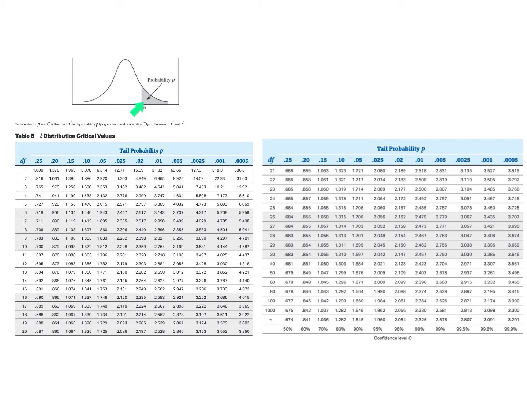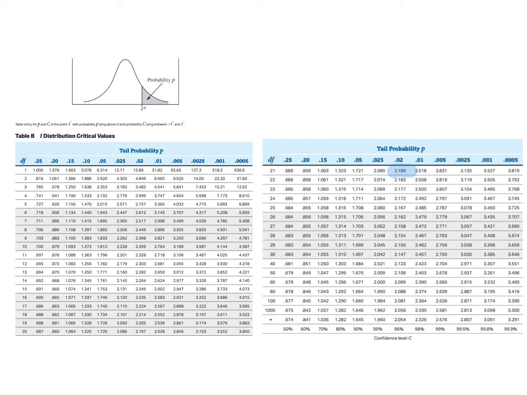Specifically, it would be the area in the upper tail if you're looking at this diagram here. In our scenario, we want 21 degrees of freedom and 96% confidence level. At the bottom is your confidence level. So here's 96, and we're going to go up to 21. So that is this value right here, 2.189.